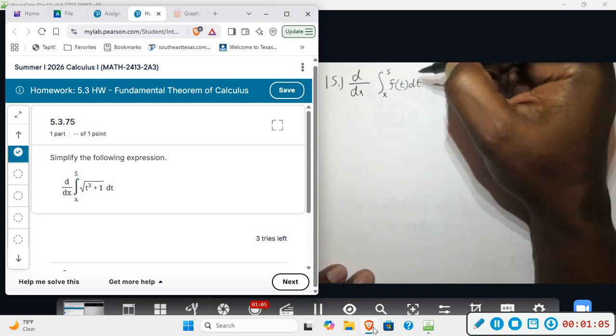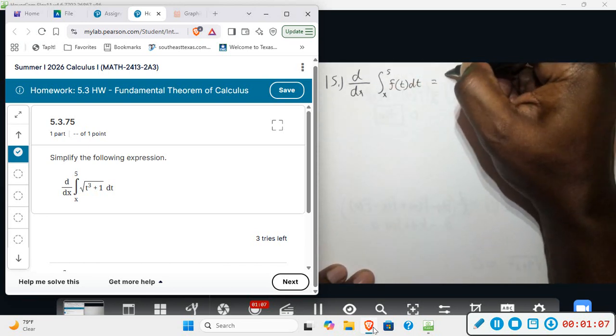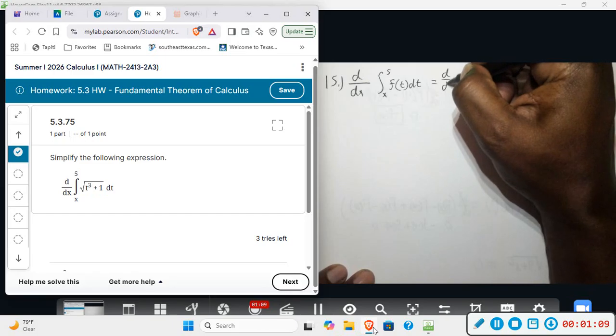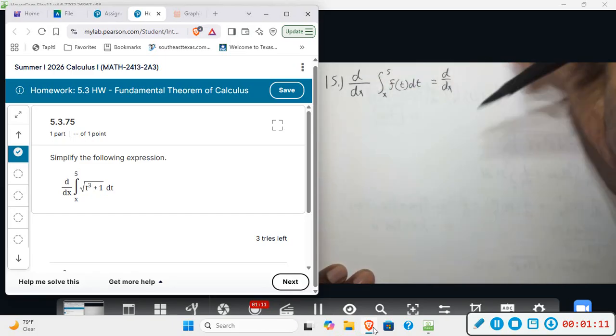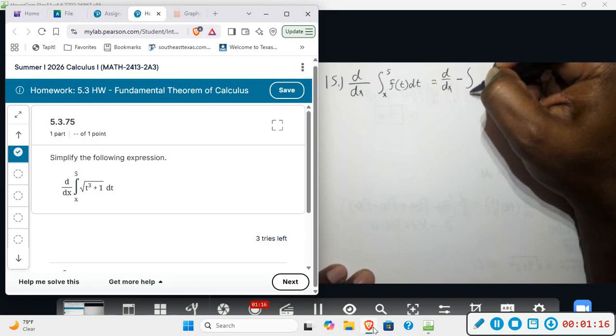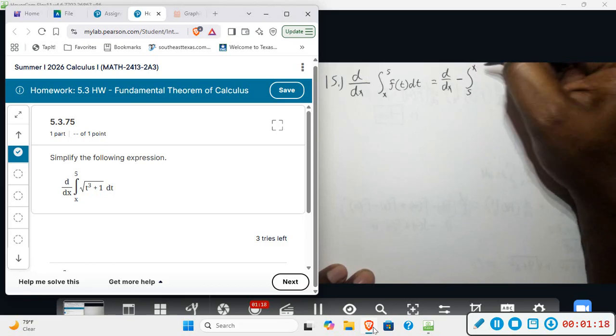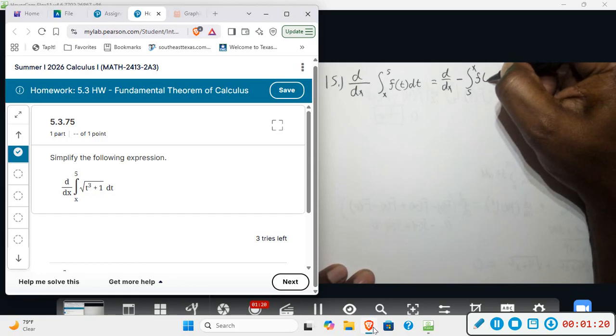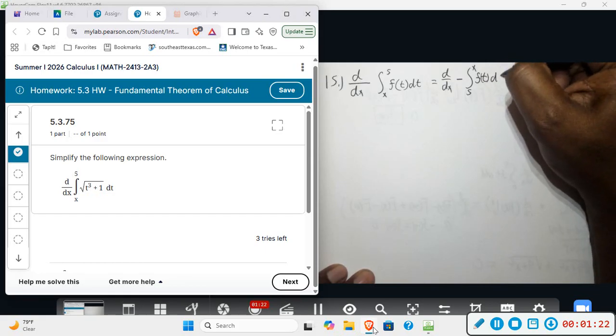So first I'm going to rewrite this. So we're going to have d dx. I'm going to flip the limits, which is going to add a negative out front. So it's going to be integral from 5 to x of f of t dt.